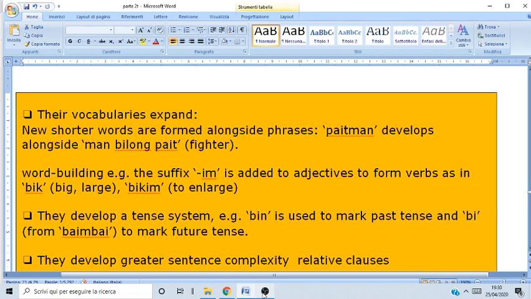Okay, and Tok Pisin changes the P to F, so that's fight actually, and we'll see that in the video. Man belong fight is a fighter. In the passage from a pidgin to a creole, the word becomes shorter. So there's pightman, that is a fighter. So the first generation would say man belong pight, newer generations pightman.